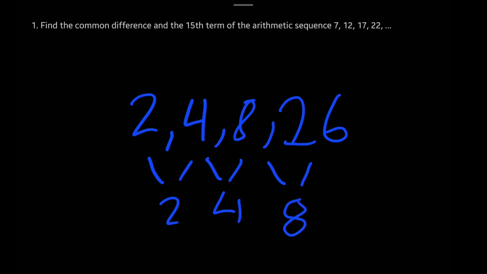As you can see, they're not the same. However, based on definition, it still follows a specific rule or pattern. As you can see here, 2 to 4 and 4 to 8, they just multiply by 2. So we can determine that this is a geometric sequence because the common ratio is the same.